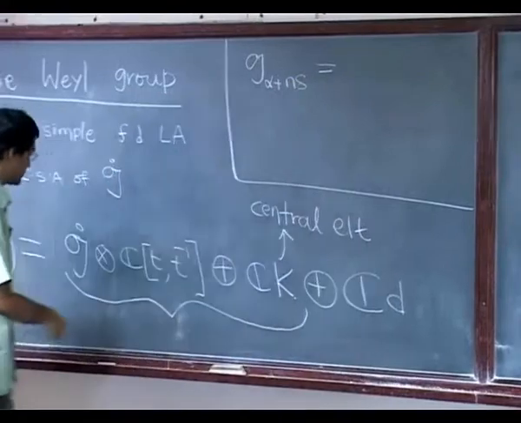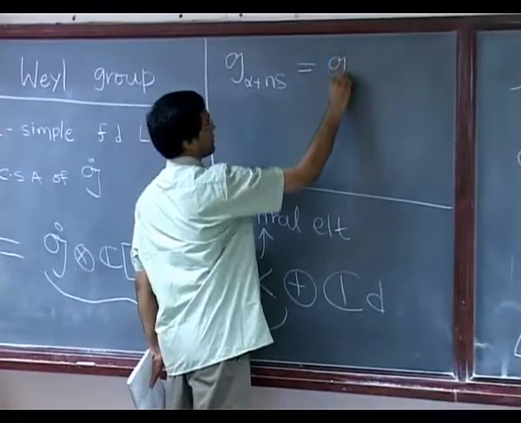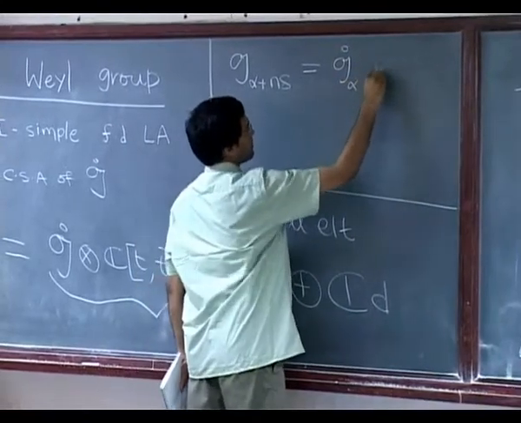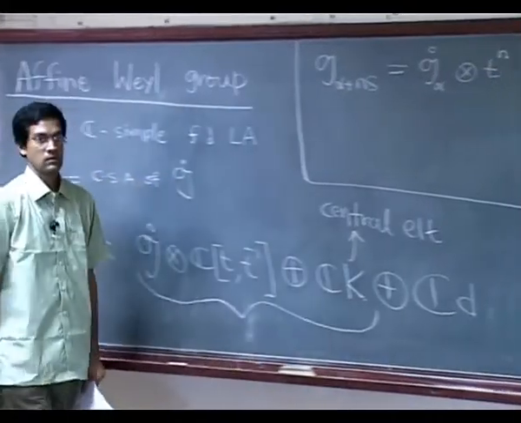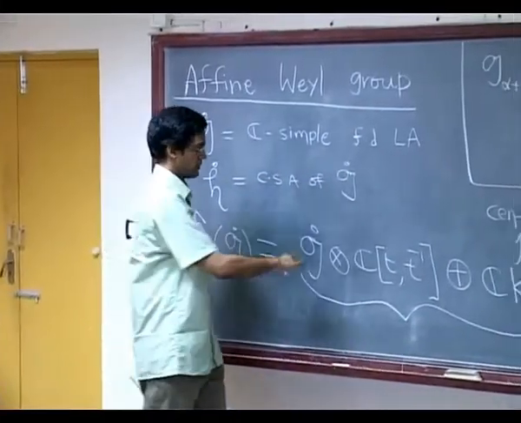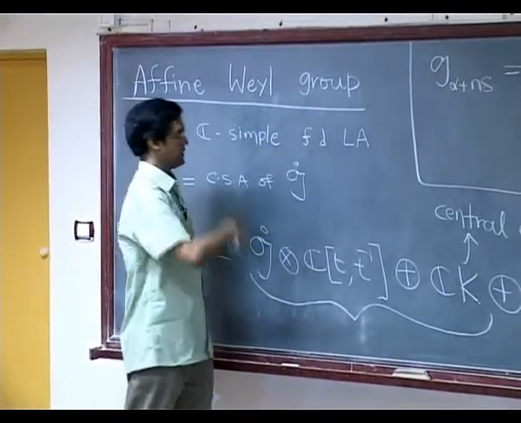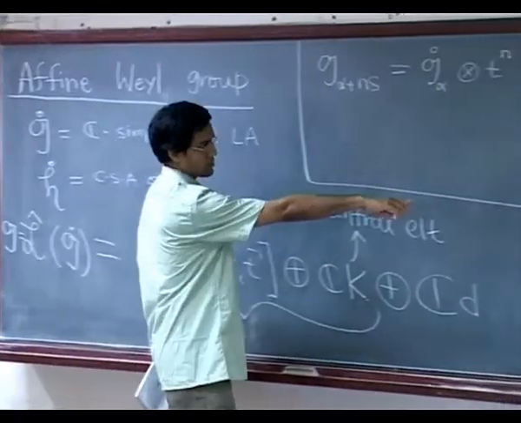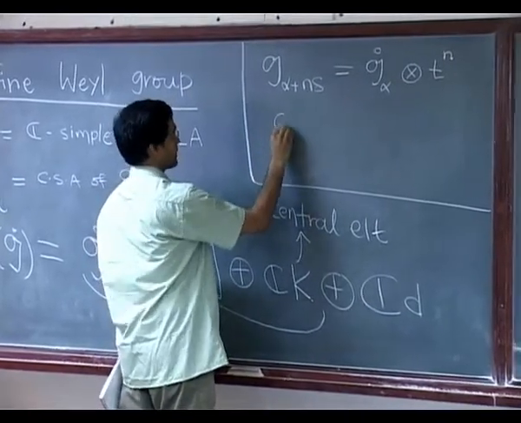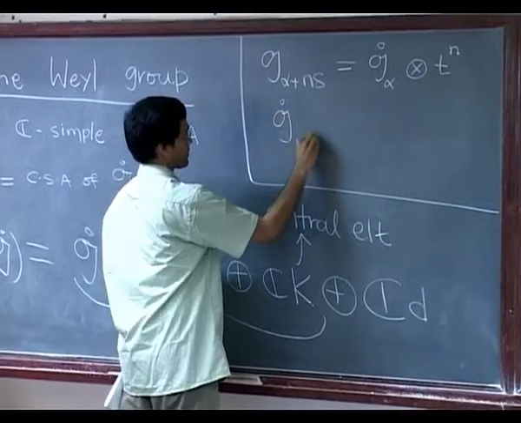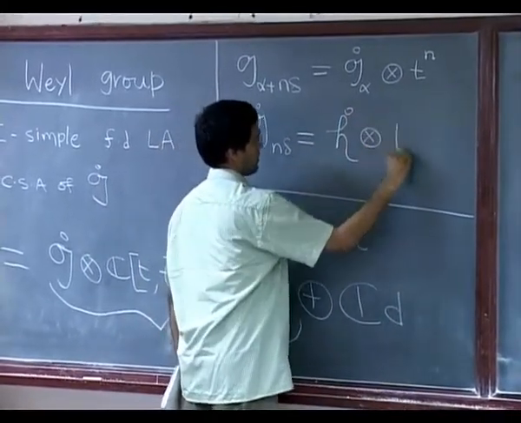Well, they are just elements which come from G naught alpha and then you sort of tag along the nth power of t. So it's sort of that copy of G naught alpha is sitting at the nth level. That's the root space corresponding to alpha plus n delta, and the n deltas are these root spaces.